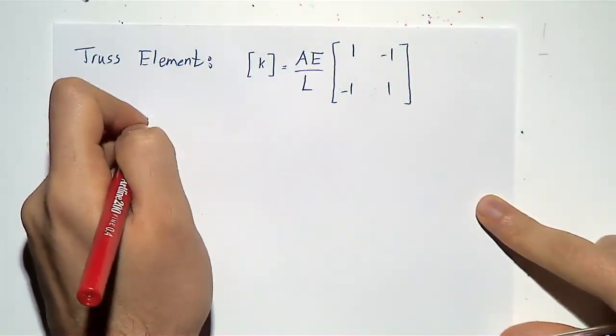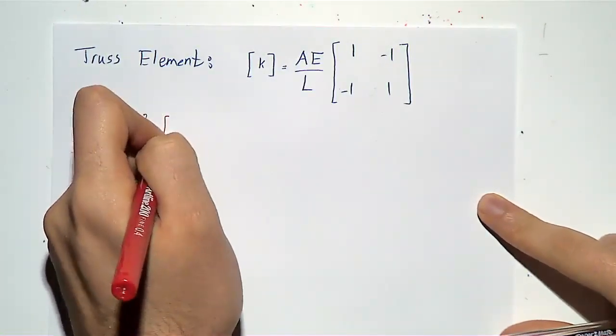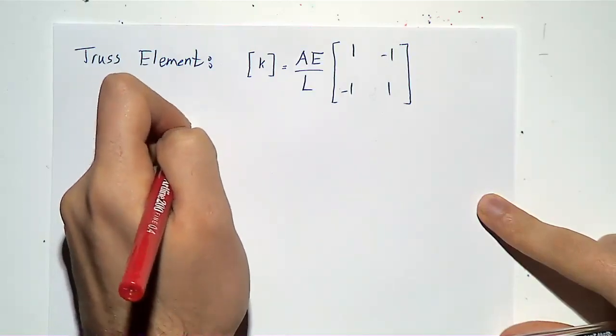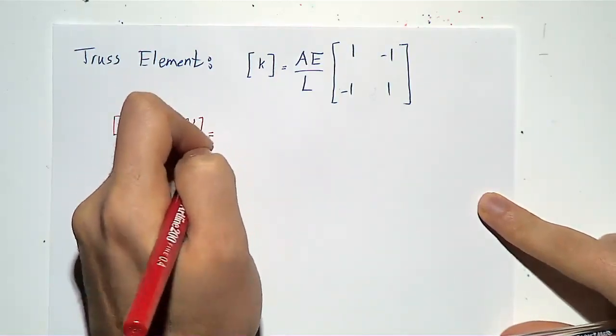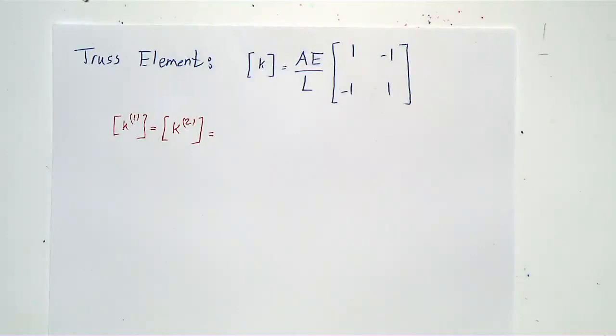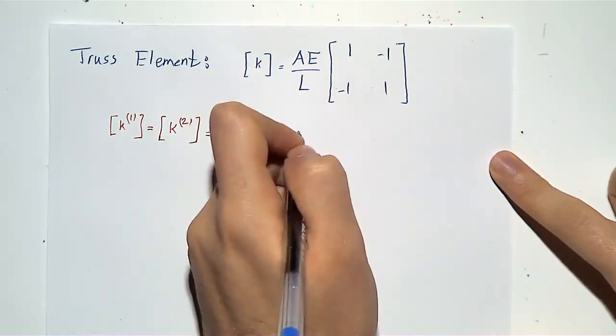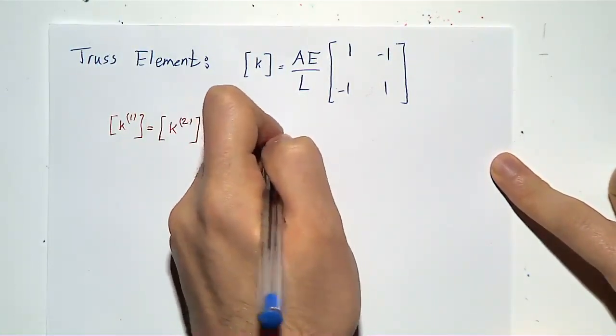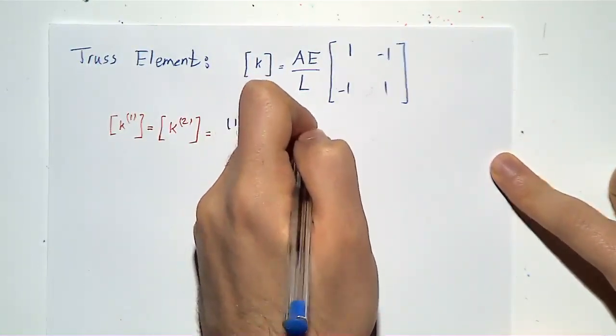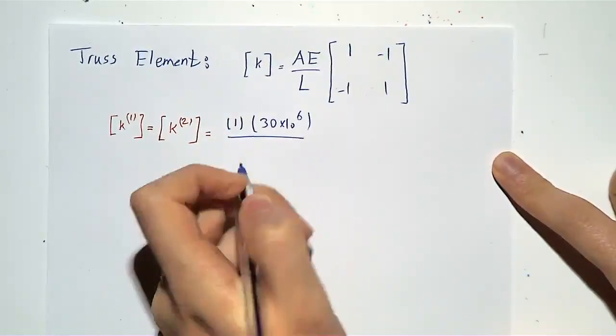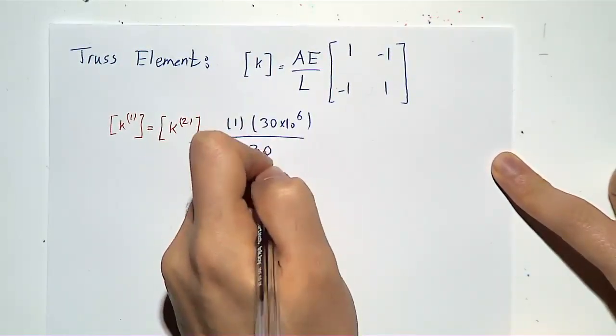The superscript means the element number. This is the cross section, this is the Young modulus, and this is the length of the elements.